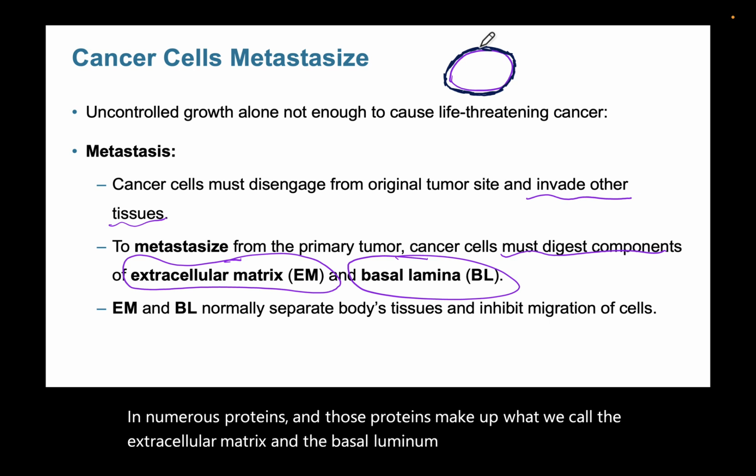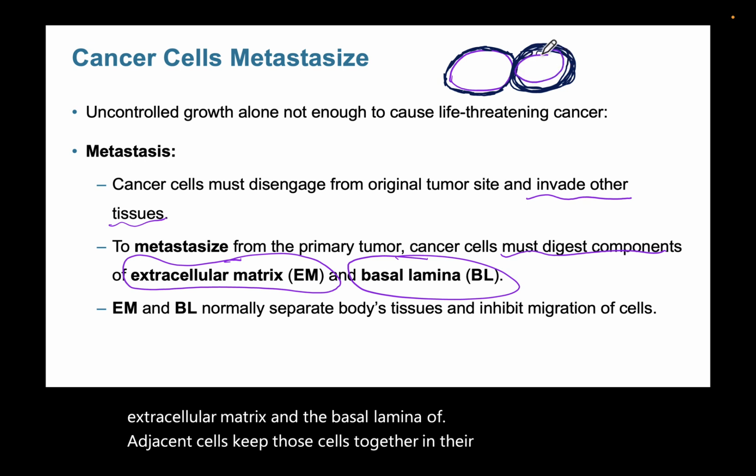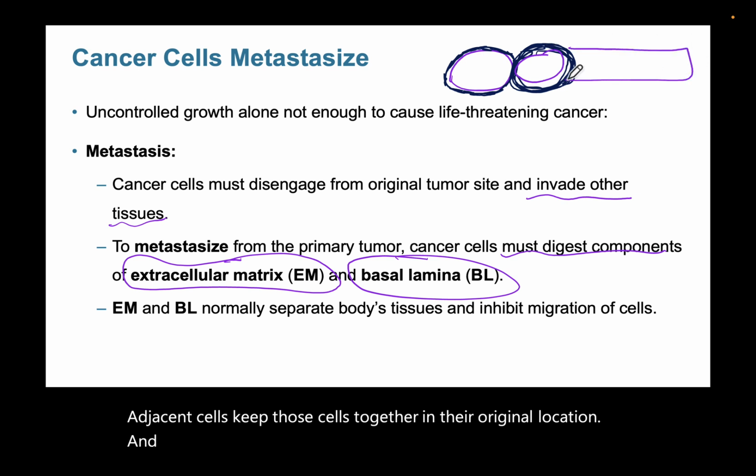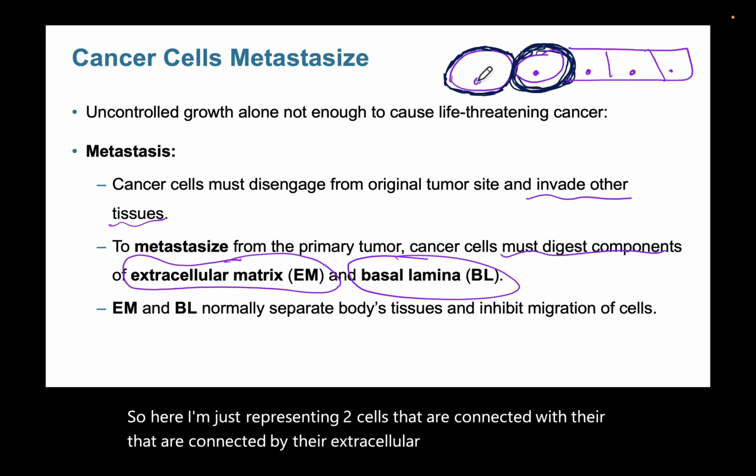The interaction of the extracellular matrix and the basal lamina of adjacent cells keeps those cells together in their original location and makes up the whole tissue. Okay? So here I'm just representing two cells that are connected by their extracellular matrix, and then they are assembled in the whole tissue.